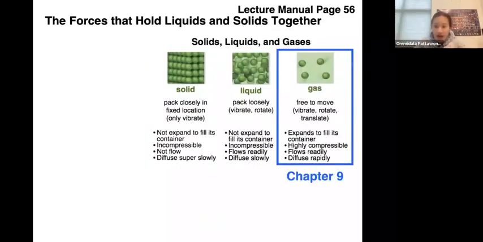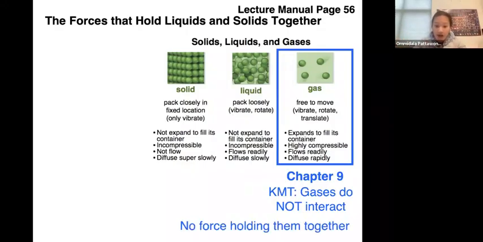In chapter 9, we focused our attention only on gas, looking at the kinetic molecular theory, that gas molecules do not interact at all. The reason is that they have very high kinetic energy and all the degrees of freedom, with no interaction. So we can assume there is no force holding them together.